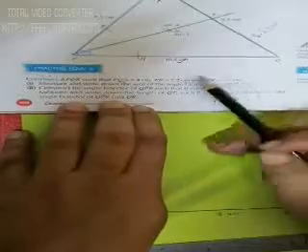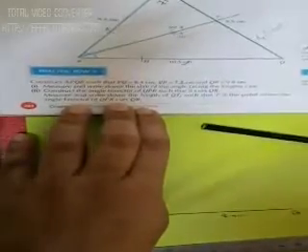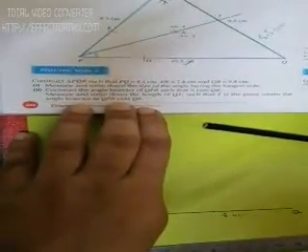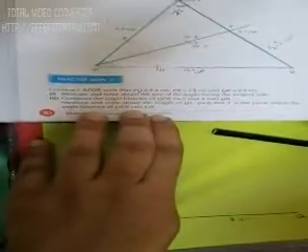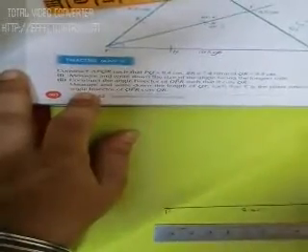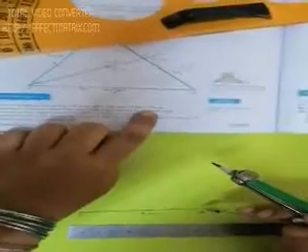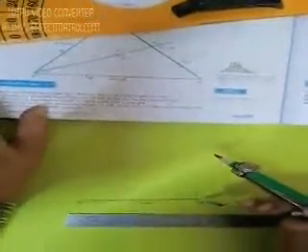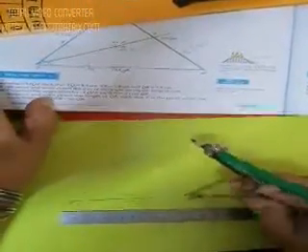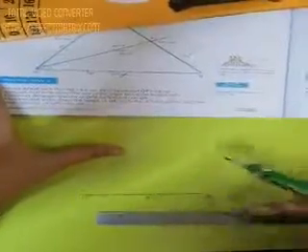For that I am going to take my compass and open my compass to a radius of 9.8 centimeter. With the center Q, I have to draw QR, so I put an arc of 9.8 centimeter.